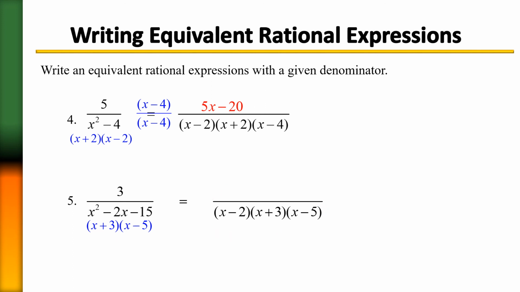We want this LCD of x minus 2 times x plus 3 times x minus 5. And as we can see, what we're missing is the x minus 2. So you're going to go ahead and multiply the top and the bottom by that. Once we do the distributive property of 3 times x and then 3 times negative 2, that's going to leave us with a missing number of 3x minus 6. And there you have it, writing equivalent rational expressions.